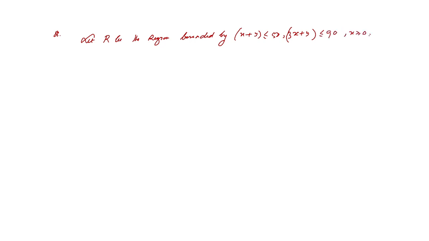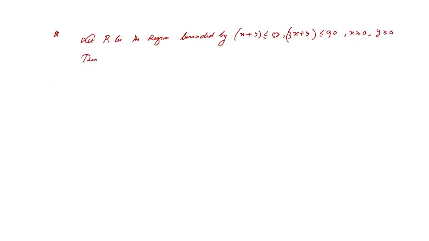And there is one question from LPP, Linear Programming and Game Theory. Let R be the region bounded by x plus y less than or equal to 50, 3x plus y less than or equal to 90, x greater than or equal to 0, y greater than or equal to 0.